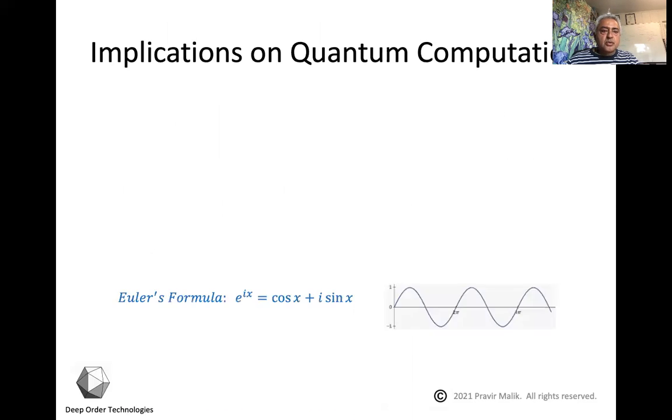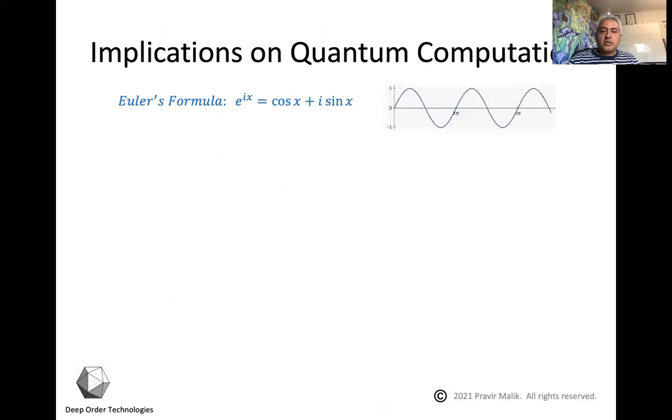So if this is true, then let's think about implications on quantum computation. We have here what I would consider to be a variation of Euler's identity. And this is Euler's formula, which again has e raised to the power ix. So this is the general formulation. Of course, here we're taking x to be pi.